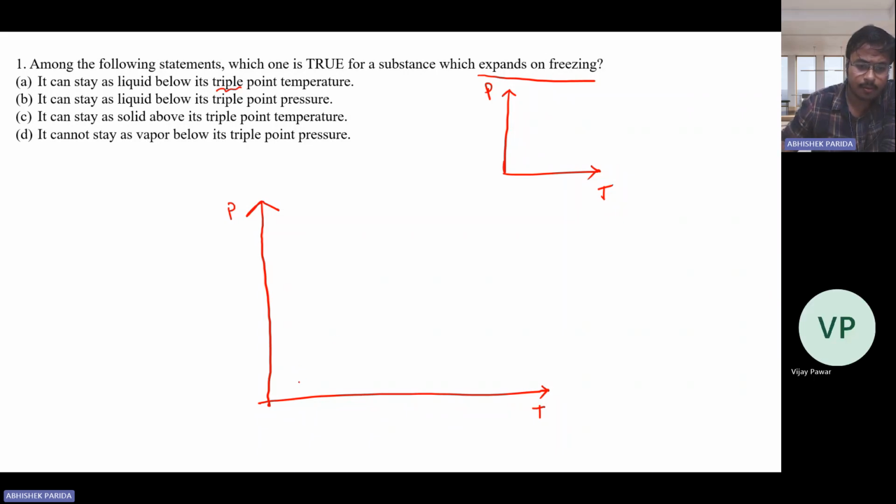How does it look? It somewhat looks like this. This is, let us say, the triple point. Then it goes like this. And this is for the one which expands on freezing. So there will be two curves. One is like this, slanting towards the T axis, but for the one which expands, it will be like this.